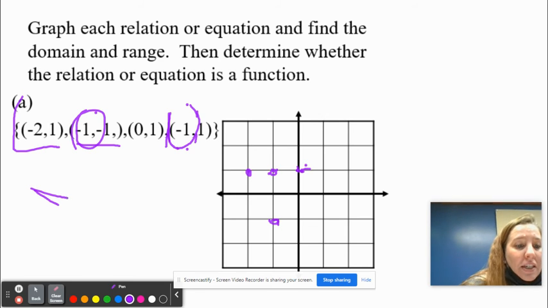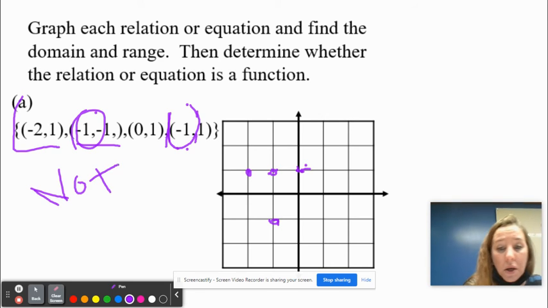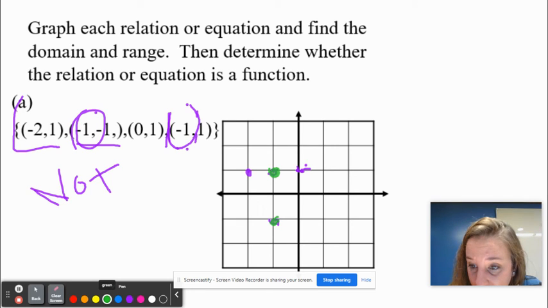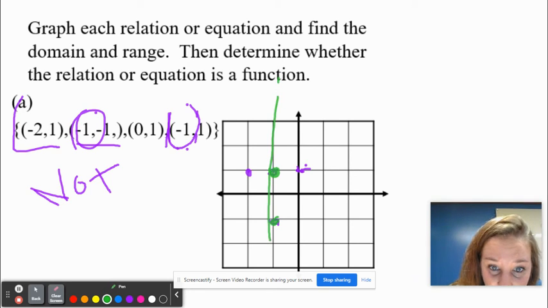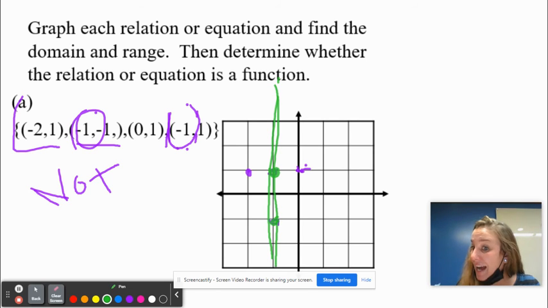So this is obviously not a function. If we look at the graph, we can see that the -1 x value is here and here. Since they're on the same vertical line, they're sharing the same x value, not a function.